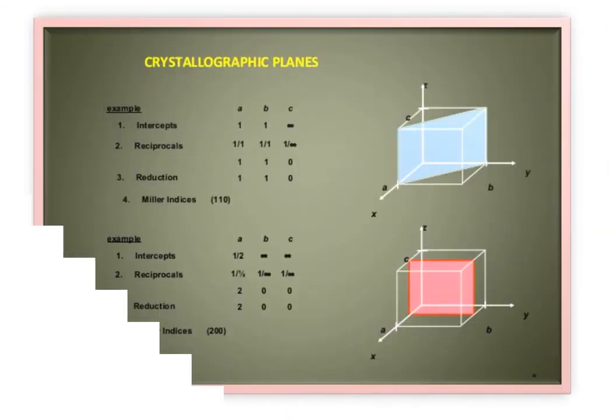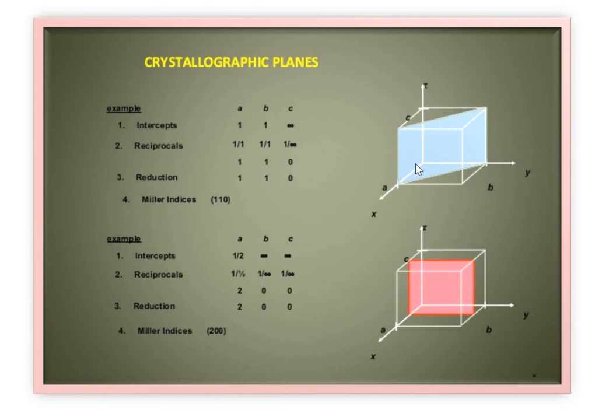Now, see the crystallographic planes. For example, this plane cuts the axes a, b and c along x, y and z. Suppose the intercepts are a equal to 1, b equal to 1 and c equal to infinity. Why infinity? Because this plane is parallel to the z-axis.